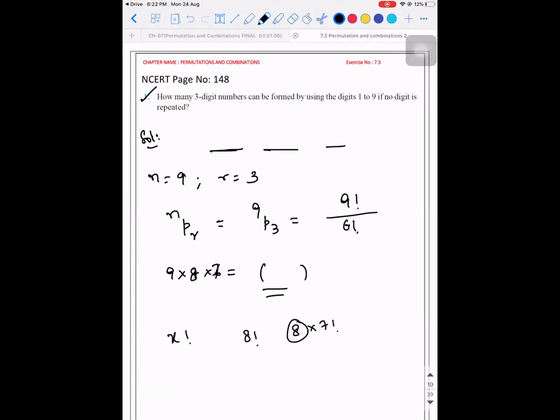So 8 factorial means 8 into 7 into 6 into 5 into 4 into 3 into 2 into 1. You have to start with that number, decrease the number by 1 unit, and go till 1. You should stop at 1.